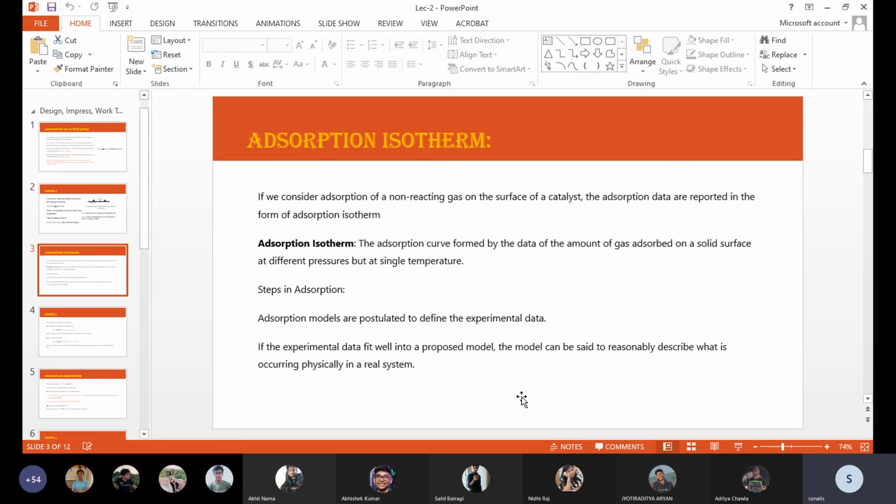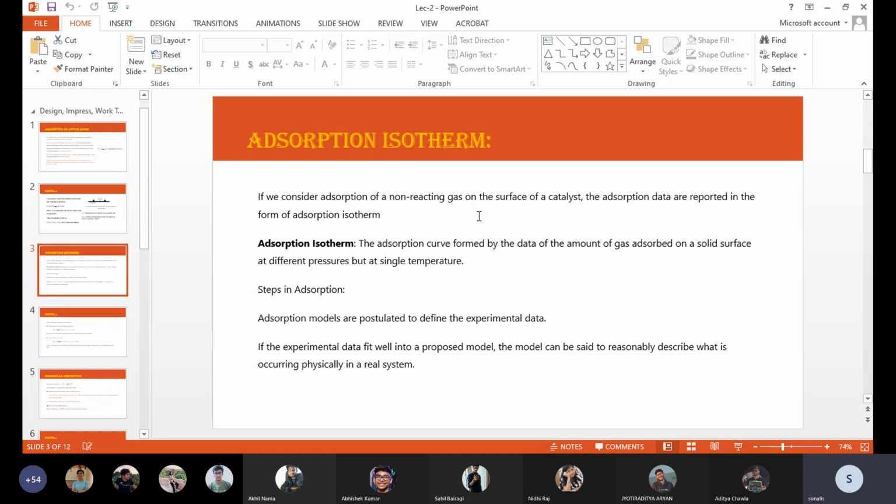Now, let us study the adsorption isotherm. Isotherm means single temperature: at a particular temperature, how adsorption occurs. If we consider adsorption of a non-reacting gas, then while we study the adsorption isotherm, let us forget about the reaction and concentrate only on the adsorption.